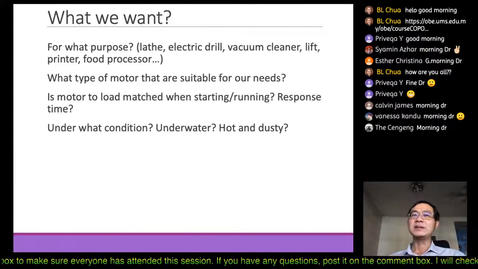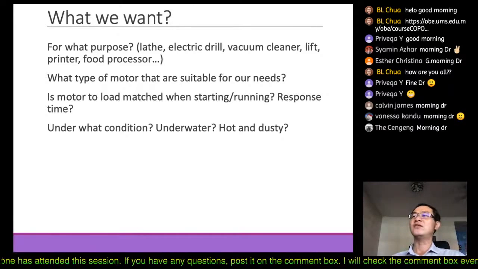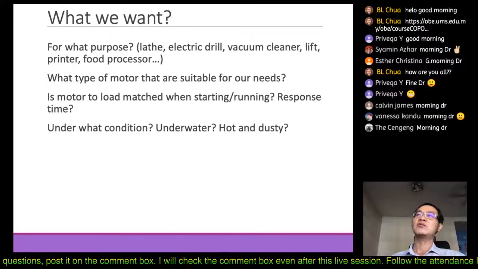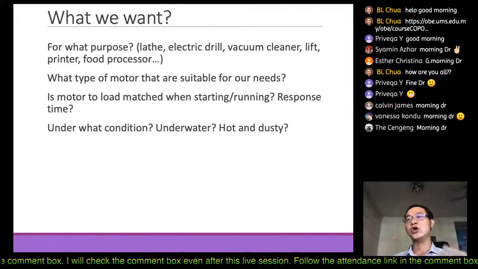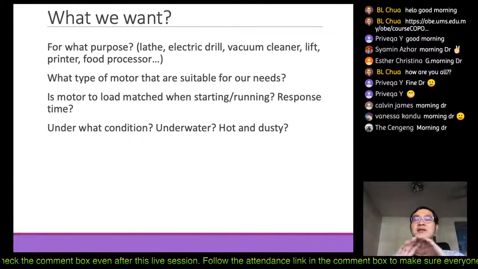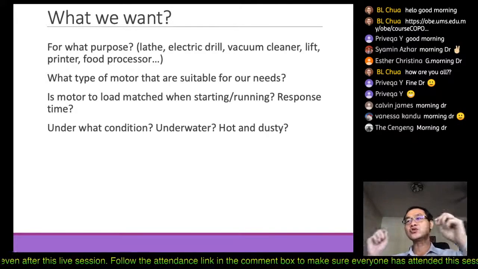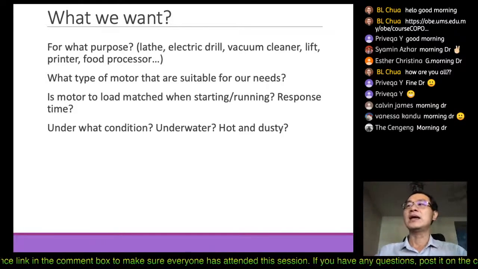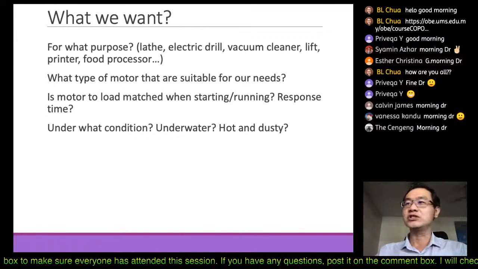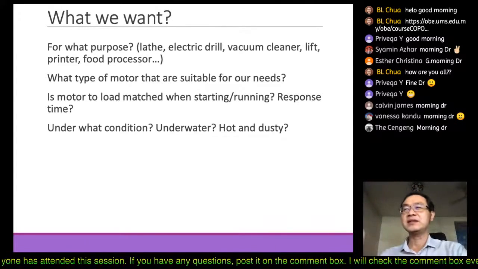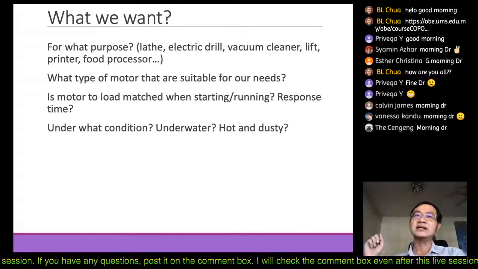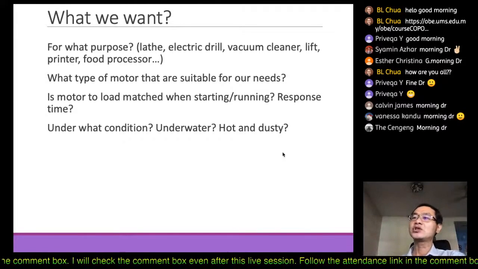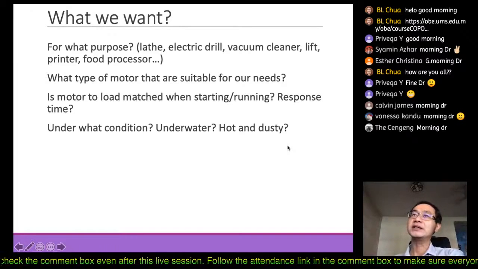By knowing the purpose, if you are using it for a food processor, maybe if it is a big one, then it should be in the factory. If it is a home one, then it should be suitable for maybe your kitchen. So you have an idea of the environment when we ask this kind of questions. Once you know the environment, it will give you an idea of what to select. Then also what type of motor is suitable for our need.